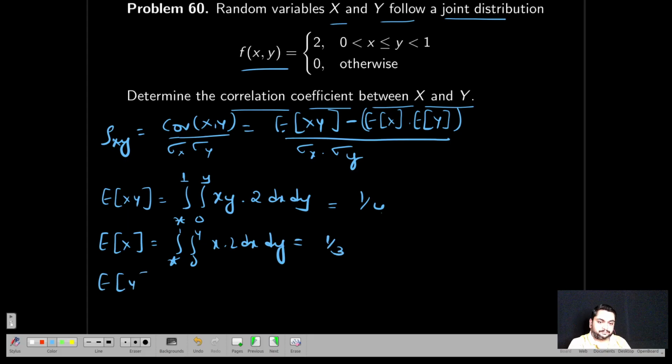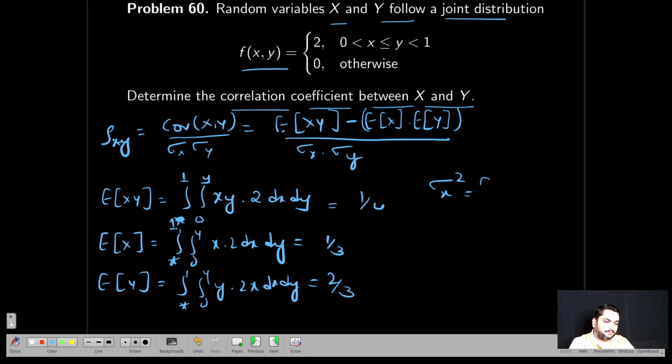Similarly, e of y, x to 1, 0 to y, dx dy, we'll get as 2 by 3. Now you find out sigma x square. This will be equal to e of x square minus e of x whole square. Already have seen the formulas.